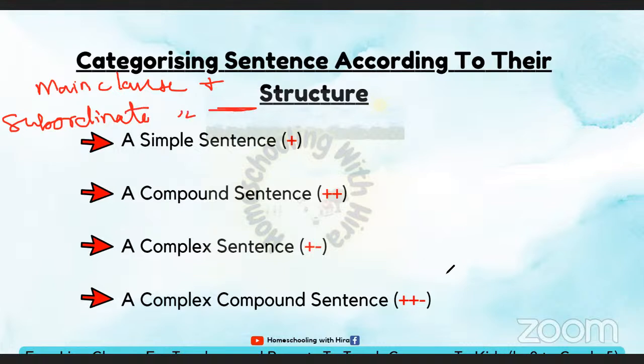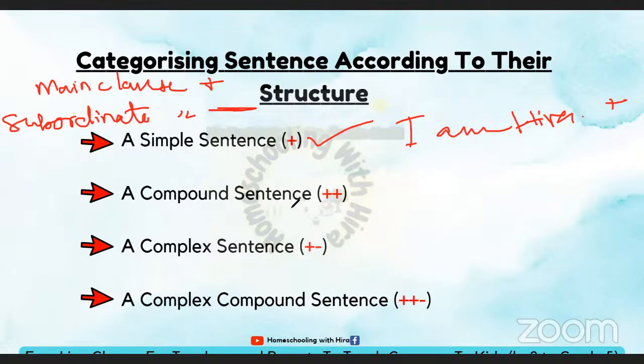So this is how we can help our kids by marking these words. Simple sentence, plus sign. I am Hera. I am a teacher. Plus sign. It's a simple sentence, right?